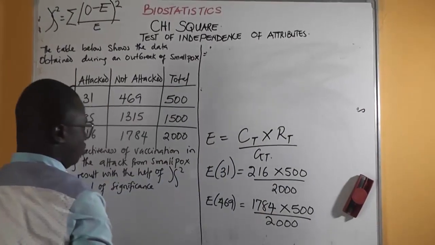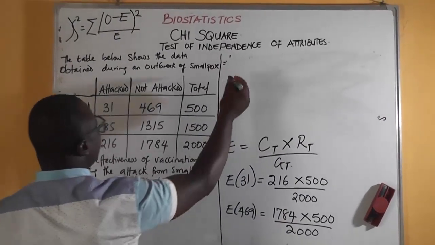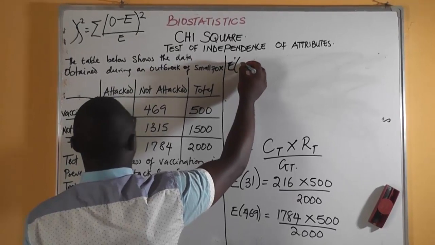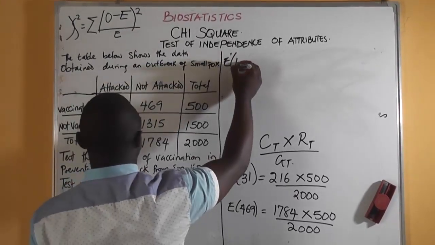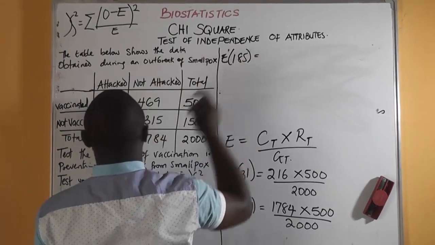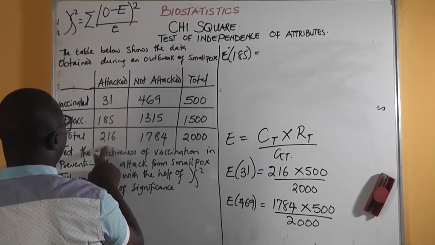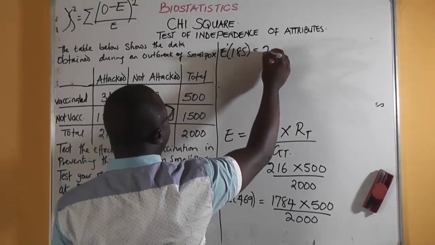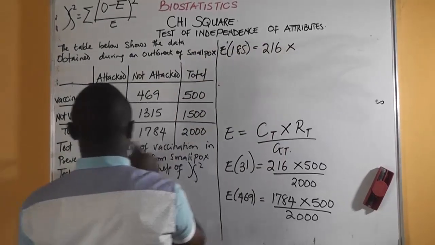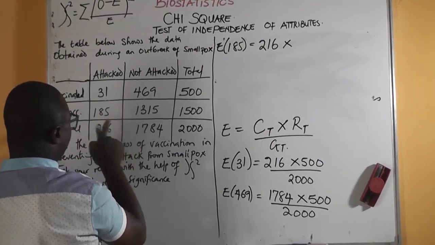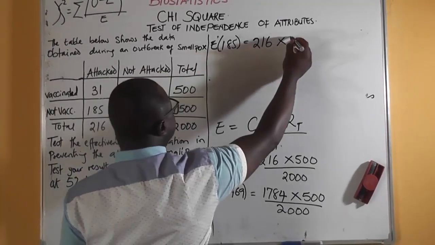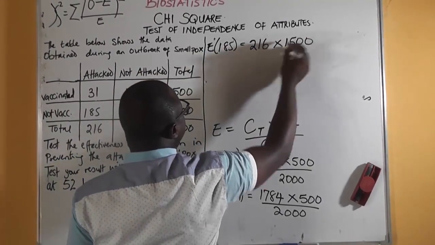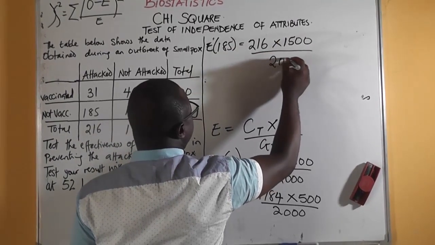Alright, now expected value for 185 will be what? Still, our column total is 216 multiplied by, now you are coming to the second row, not the first row, 1,500 over 2,000.